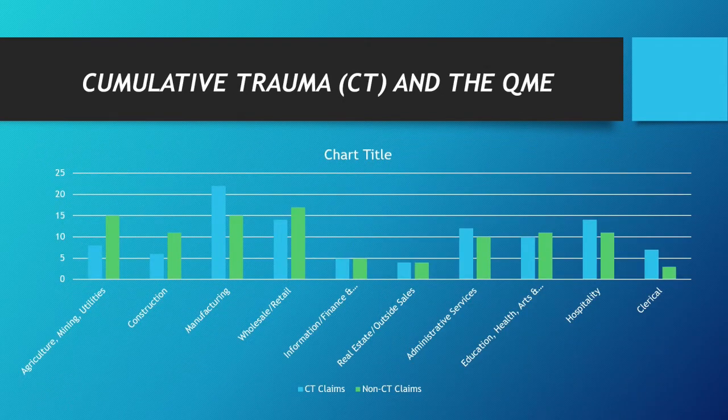And here is a chart that depicts exactly that phenomenon. What we have here are the various industry sectors in the Los Angeles and San Diego counties, such as agriculture, construction, manufacturing, real estate, administrative services, hospitality, clerical, etc. And what this chart shows, and this is from the 2019 WCIRB study, is the ratio of claims that are filed for cumulative trauma compared to specific injury claims.